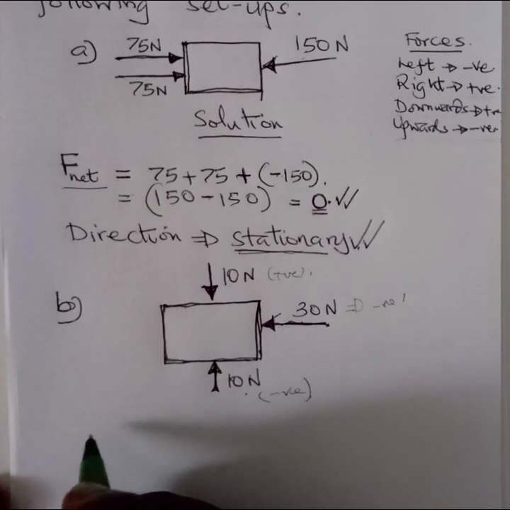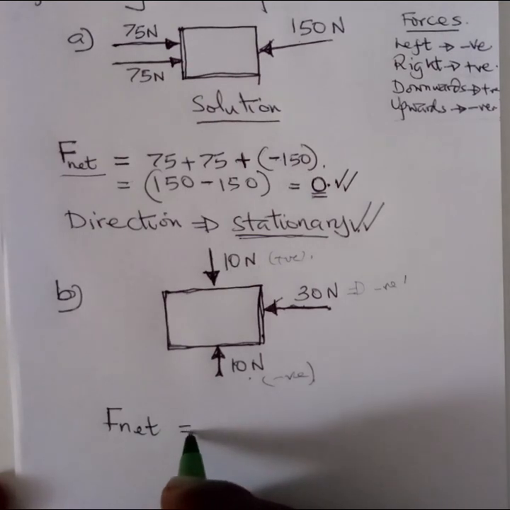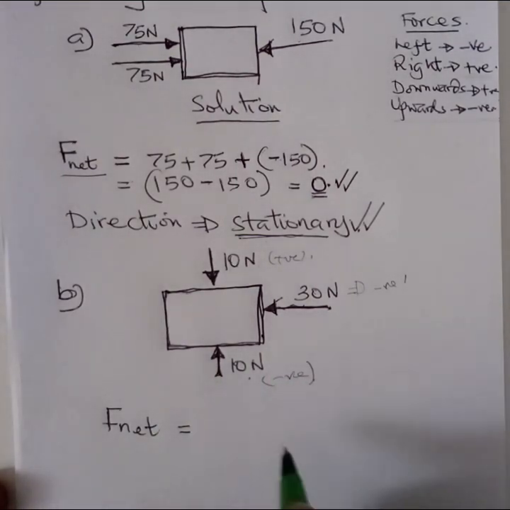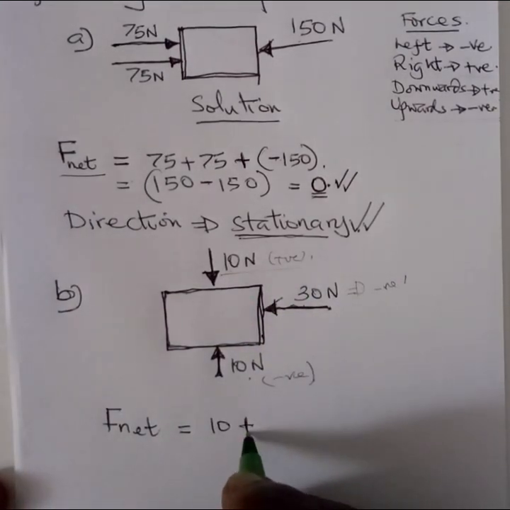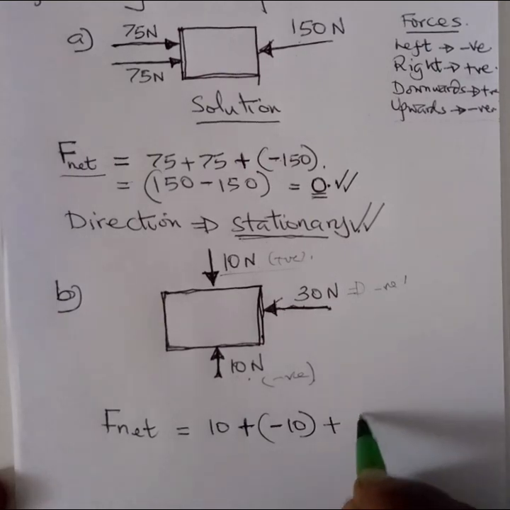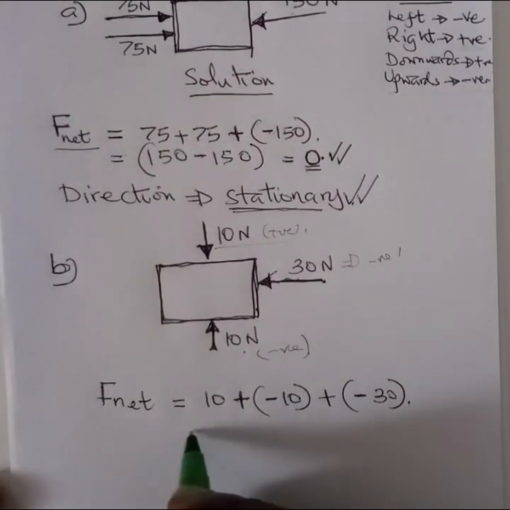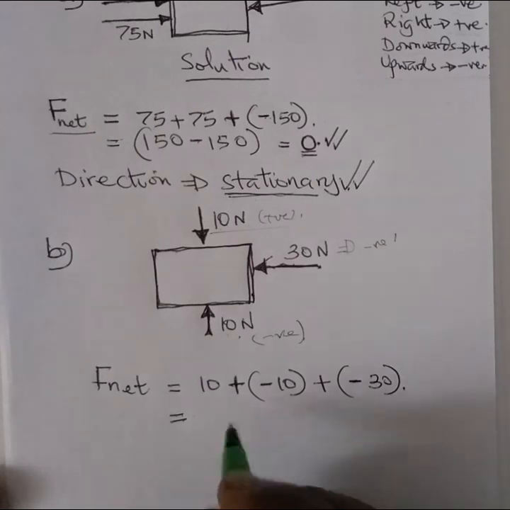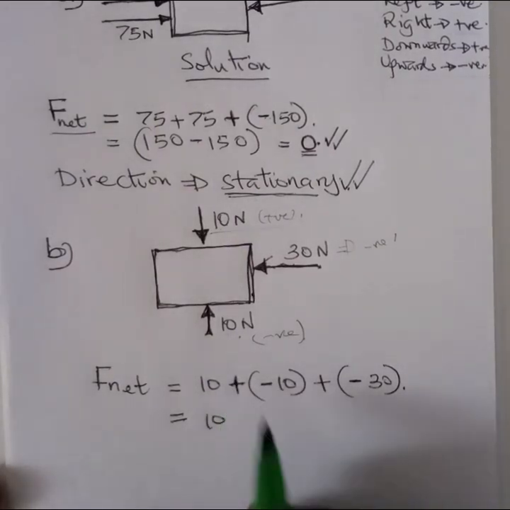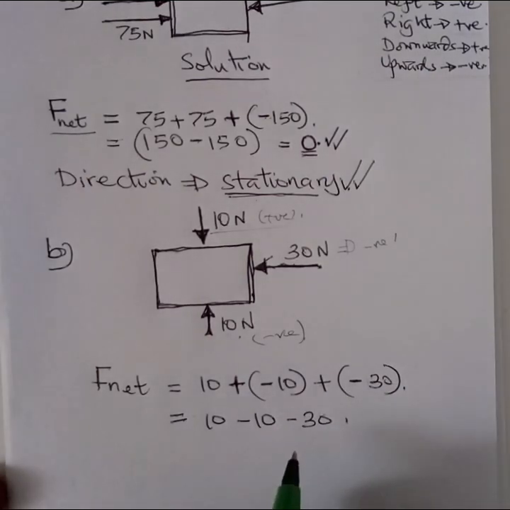So here, to find the net force, it is the sum of all these 3 forces. So we have 10 newton plus negative 10 because it is acting upwards, plus negative 30 because it is acting to the left. So let's find the solution here. We open the bracket, positive times positive is 10, then negative 10, then negative 30. Right?